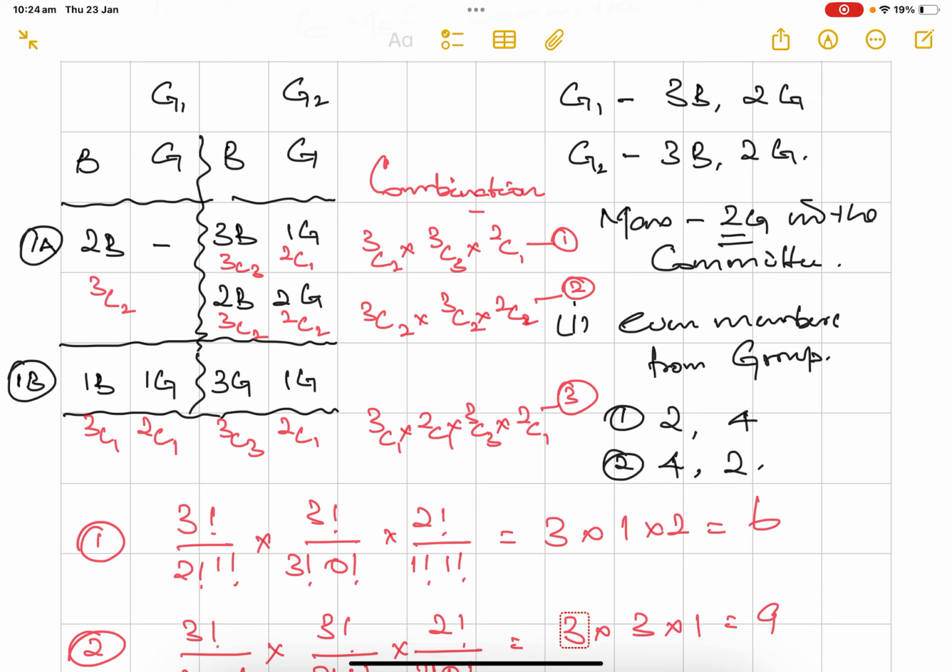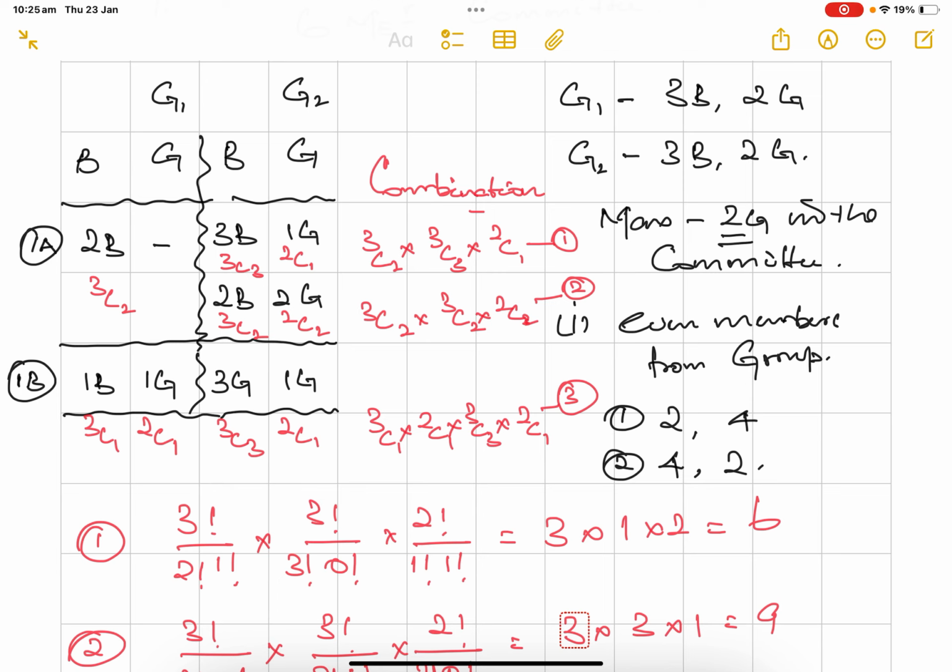Let's look at 2, 4. That's number 1 selection: 2 members from group 1, 4 members from group 2. The 2 members from group 1 can be 2 boys, no girls, or 1 boy, 1 girl, or 2 girls.